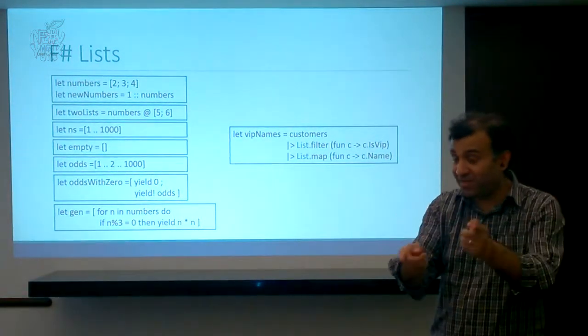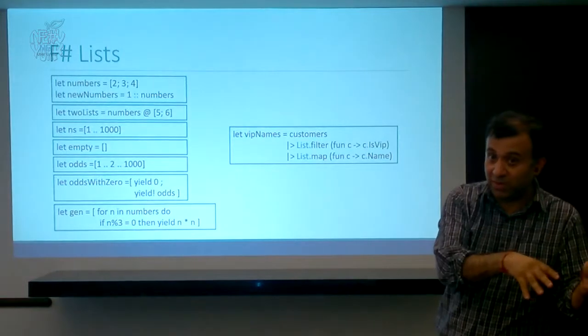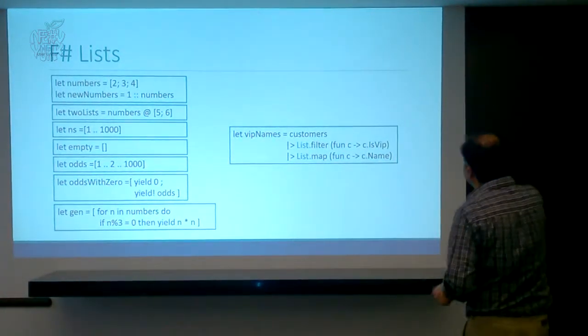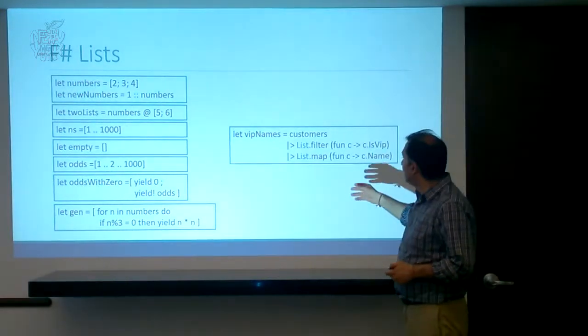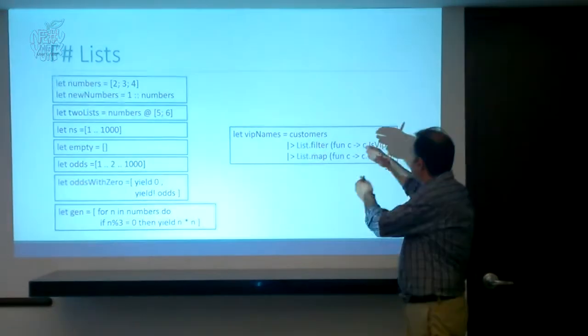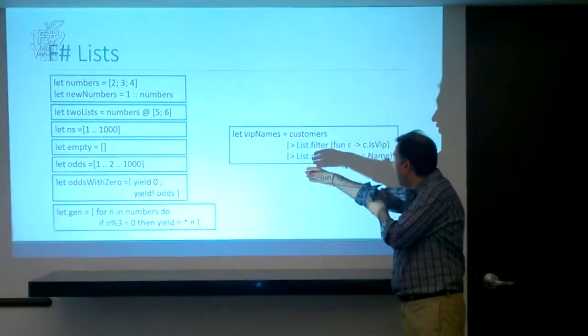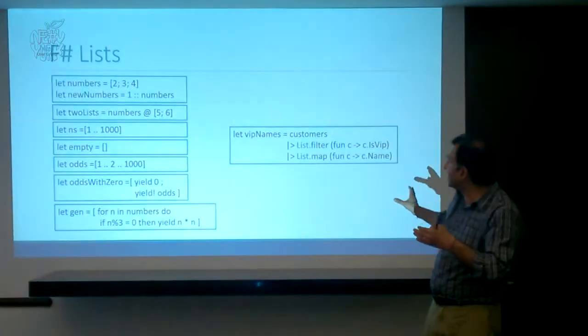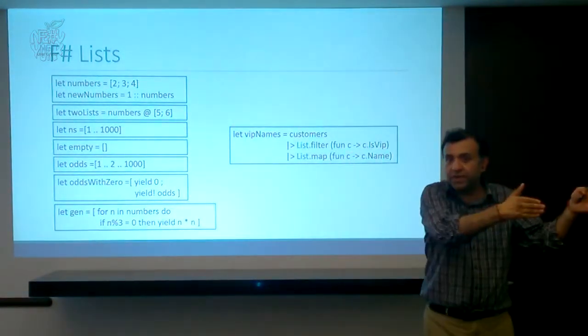Exactly. It's not modifying the previous one. Behind the scenes, think of it this way: this is actually 3 lines. You have VIP names as customers, let's say x equals List.filter of customers, and then y equals List.map of x. Behind the scenes, that's what the compiler does. This is just shorthand.